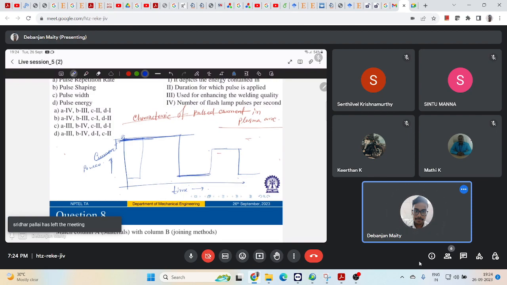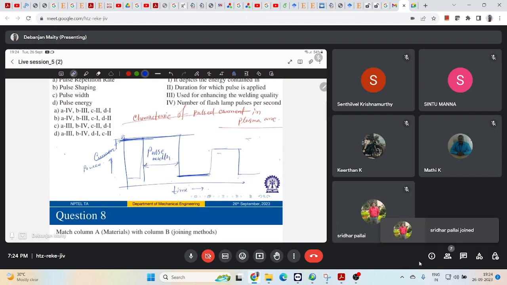And this is my base power or base current. Power is equal to voltage into ampere, of course, right? Now, what is pulse width? Pulse width is the duration of the laser pulse. So this is my pulse width, the duration of the laser pulse, right?